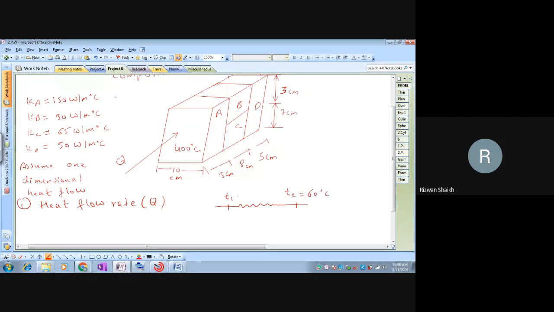I can consider this thermal resistance to be the total, by combining all the resistances A, B, C, and D. Is it clear? The heat flows in the positive x direction. That is the Q part that you have to consider. This is the Q, which is the same amount of heat flowing through each layer.